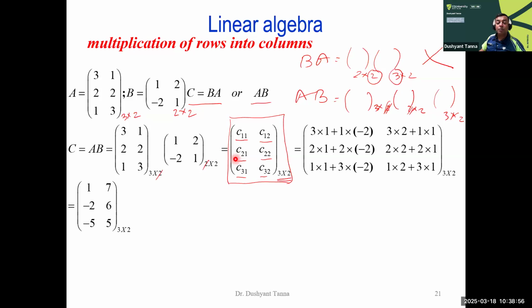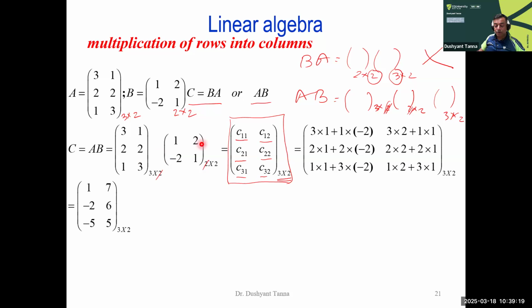C21, second row, first column. This is your second row. This is your first column. It will be very easy to get confused because the elements look so repetitive. 3, 1, 2, 3, 1, 2, minus 2, okay? But that's why use your fingers and hand, okay? Second row, first column: 2 with 1 and 2 with minus 2.